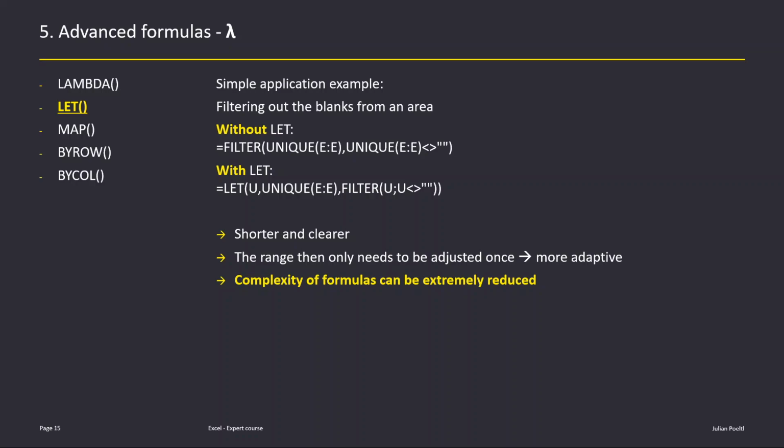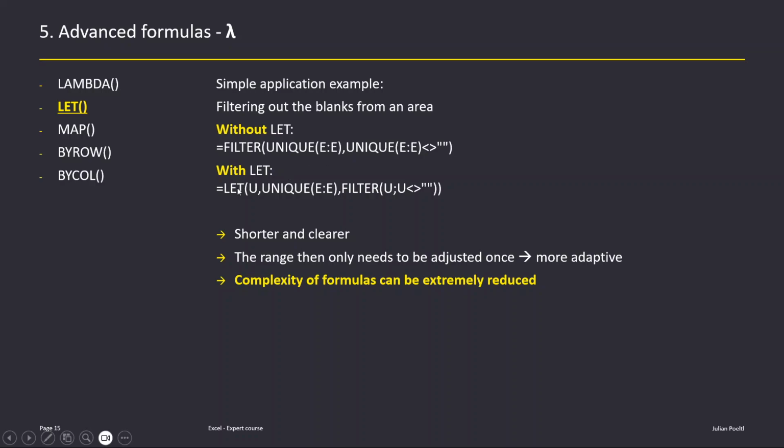So, a simple example: if you want to filter out the blanks from an area, without LET you would use the UNIQUE function two times, and Excel will calculate the unique values two times. So Excel isn't intelligent in this case, and you also need to input it twice, so it's a little bit unnecessary.